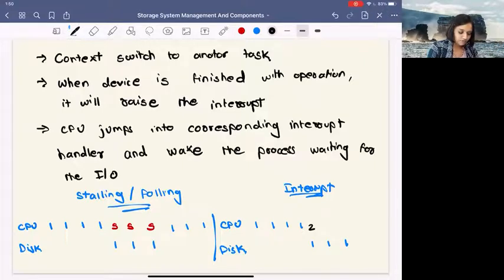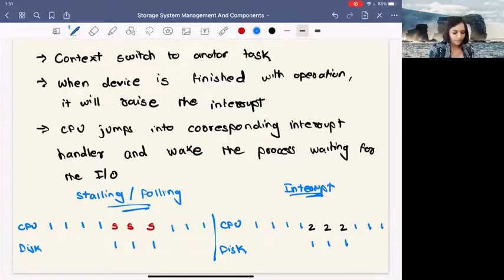So the CPU starts working on process two. And then as soon as the disk completes the task, it is done with fetching the data, it raises an interrupt that, hey, I'm done. Then the CPU jumps into the corresponding interrupt handler and wakes the process waiting for the IO. That's nothing but process one. And so from here, the CPU again gets occupied in process one and completes it.